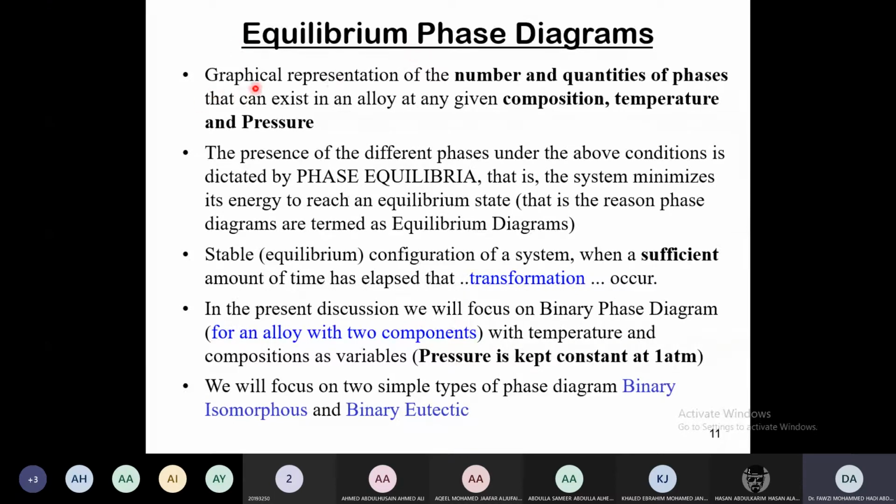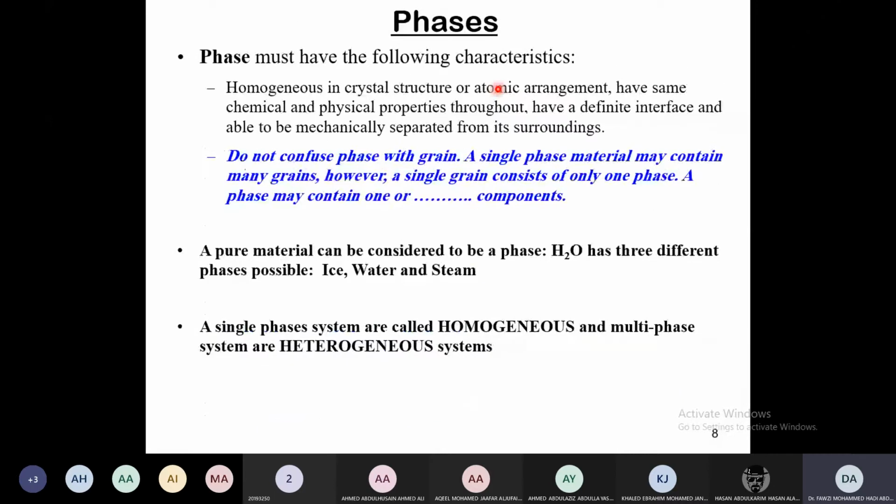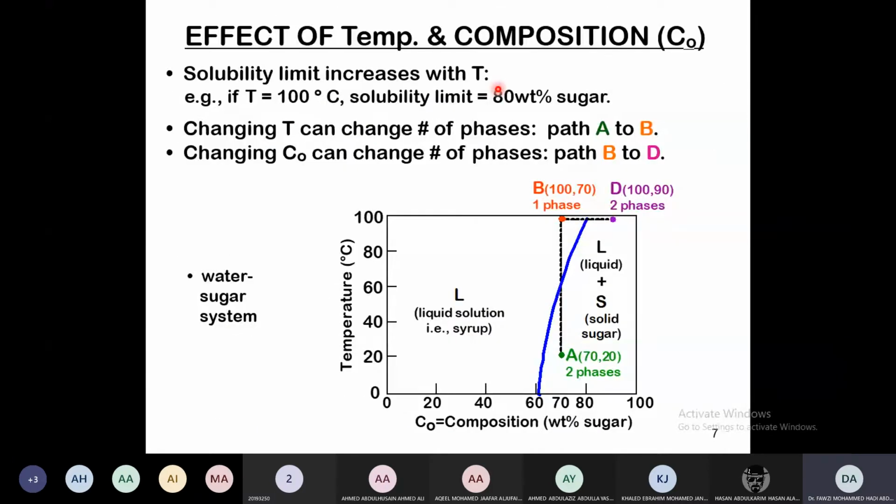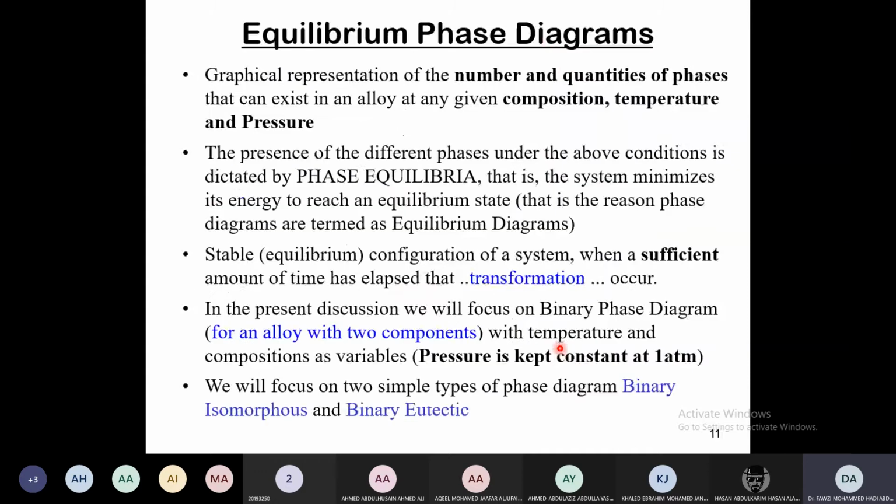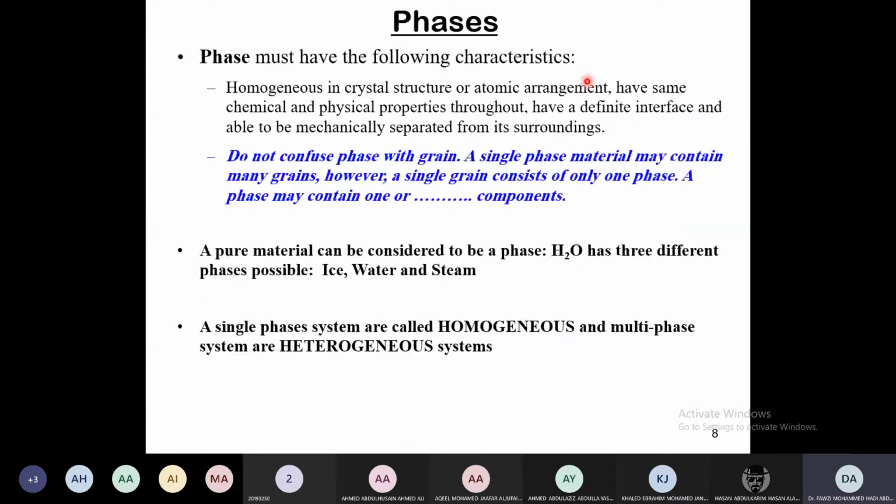So phase diagrams are a graphical representation, as we have seen in the simplest one. If you remember, it shows temperature and composition. And what does it show? A graphical representation of the number and quantities of phases there.